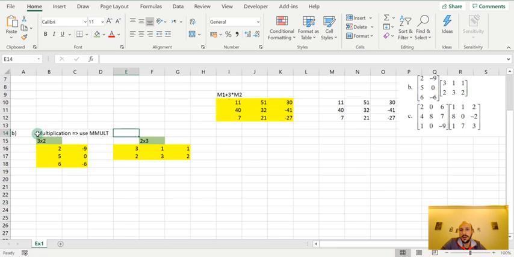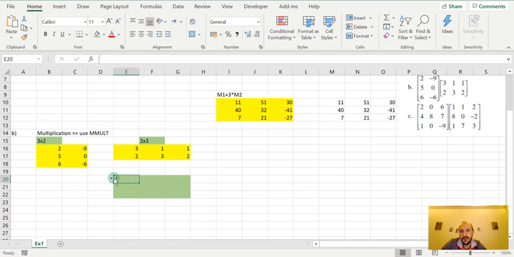We will get a 3 by 3 matrix. So you need to know that 3 by 2 times 2 by 3 will be a 3 by 3 matrix. If it were the opposite, 2 by 3 times 3 by 2, we would get a 2 by 2 matrix. So here we expect the result to be in this 3 by 3 matrix.